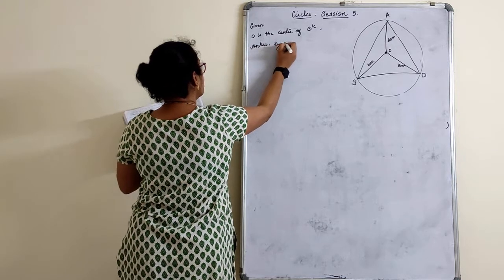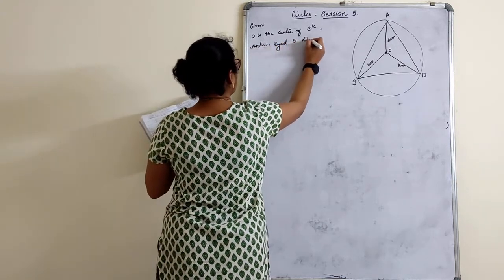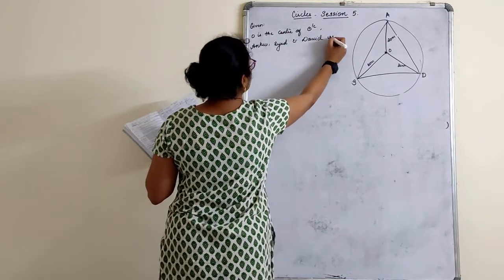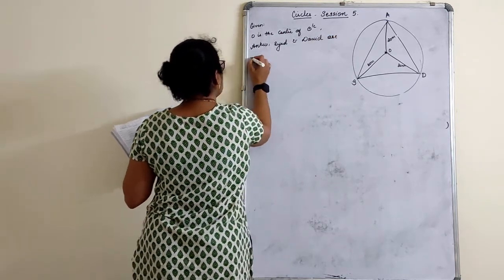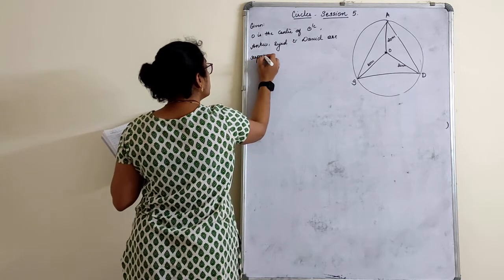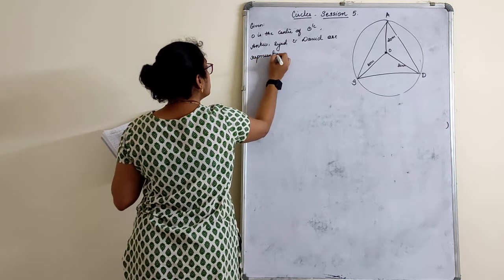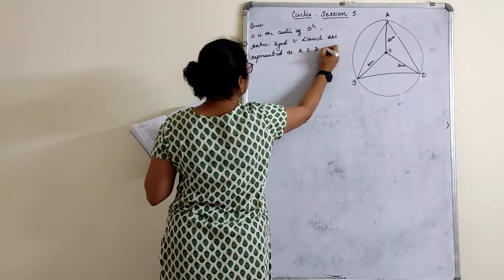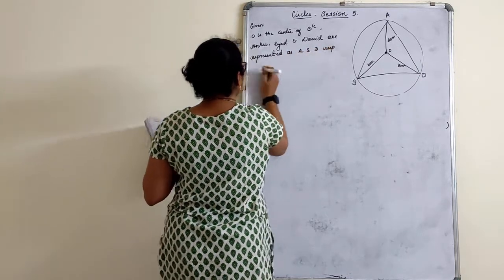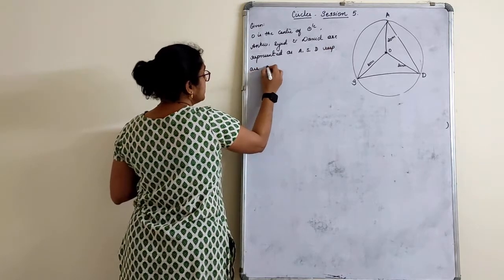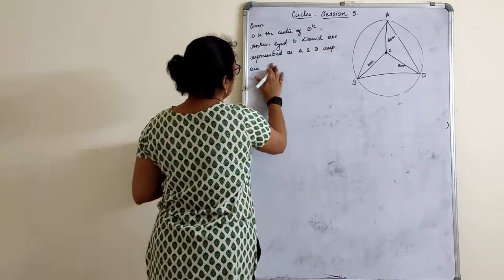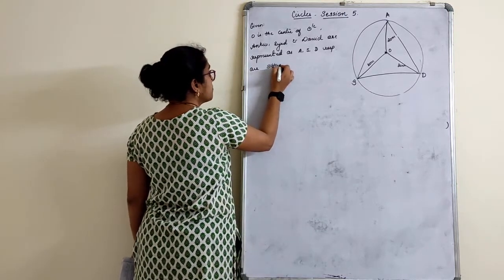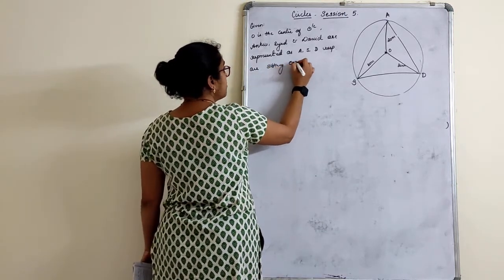Ankur, Syed and David are represented as A, S, D respectively, are sitting equidistant from each other.